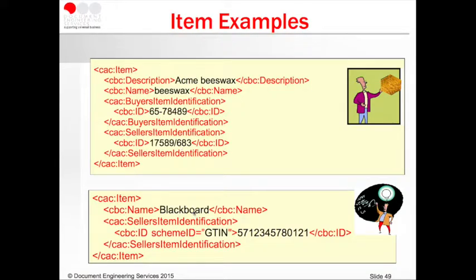The second example is using an identification scheme provided by GS1 known as GTIN. So there is a name for the item, but the significant identification, which is used by the seller in this context, is this number here, a GTIN number, and that will relate to a precise description of the item.